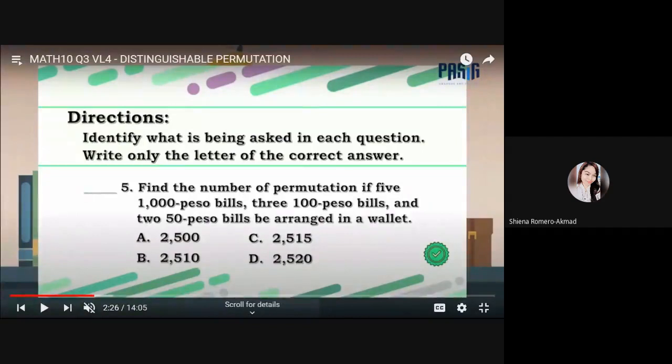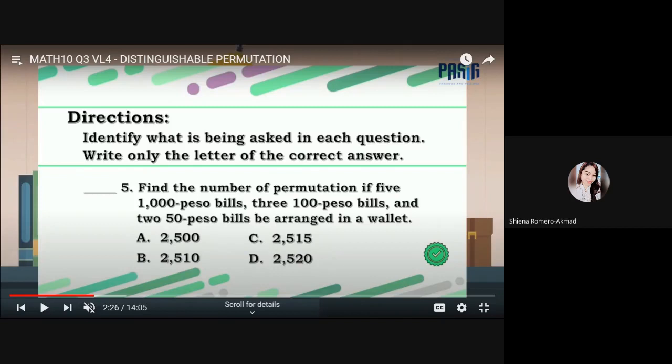Number 5, we will not answer this problem kasi remember na when we say distinguishable permutation, kapag distinguishable permutation, tinitignan lang natin ay yung magkakapareho na object, magkakamukha. Bigay tayo ng iba pang example. Like for example, yung balls, footballs, yung mga bola na yon, they are the same.